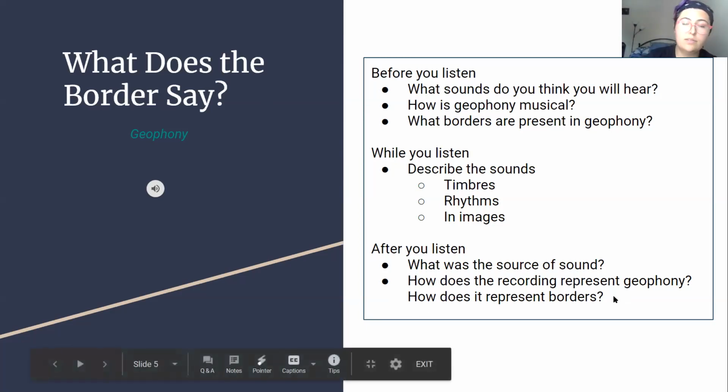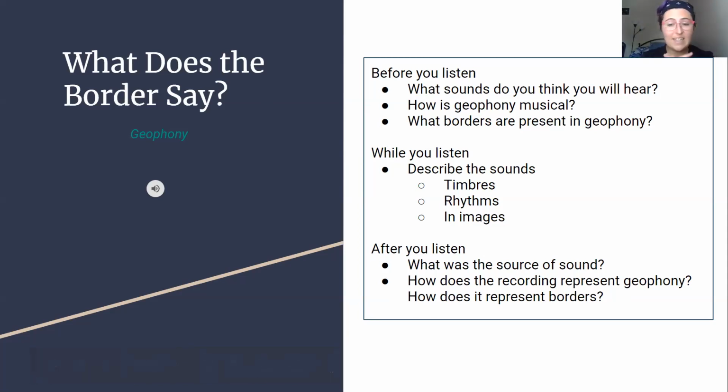How does this change how you think about borders? Go ahead and take a couple more seconds to write down any last thoughts that you have about this example.